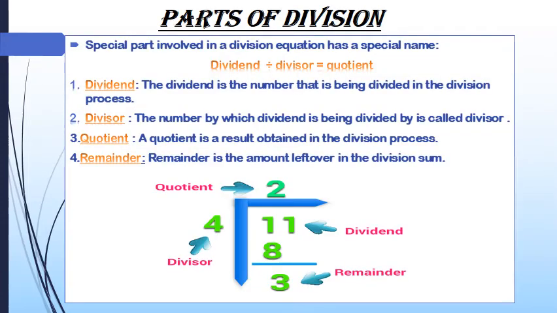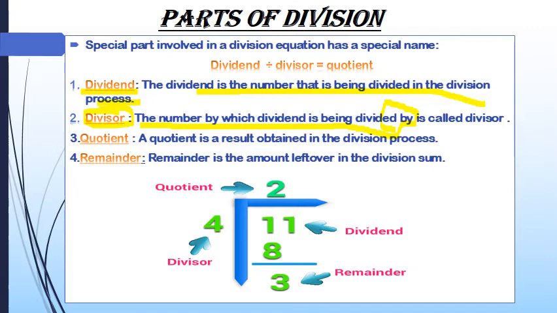Here are some special names for each character in division. Number one is the dividend. The dividend is the number that is being divided in the division process. The number by which the dividend is being divided is called the divisor.